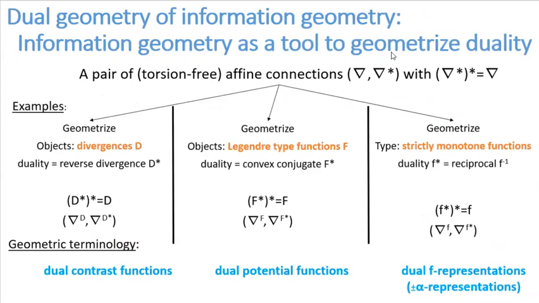And for statistical model, I didn't talk much, but once you have tangent planes, you can represent vectors in the tangent planes. You have a flexibility of choosing the basis to express your vector. And we have also alpha minus alpha representation, or if you want, arithmetic mixture and geometric mixture duality. And this is what we can call the dual F representation here.